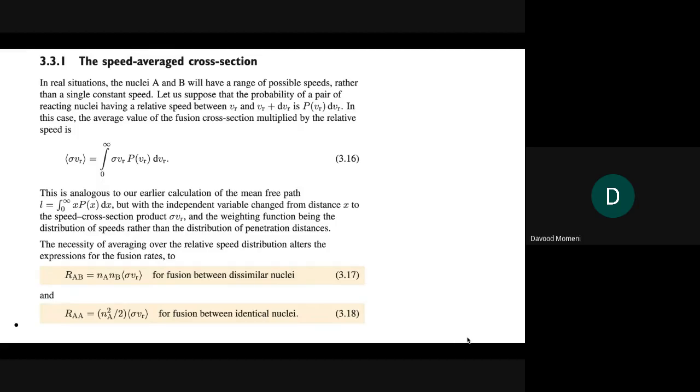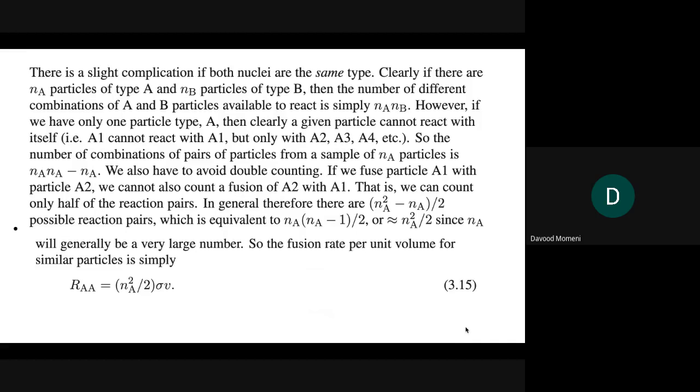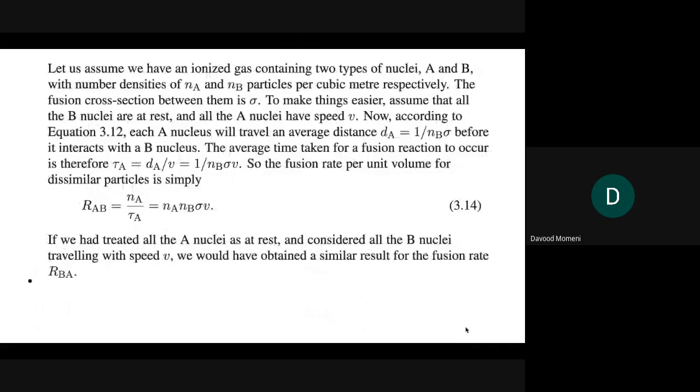It is important to show you that the fusion rate which we calculated in the last two slides actually depends on the integral 3.16. I mean, instead of the sigma v which we wrote in the previous examples, we have a distribution of velocities, so you cannot talk about a single velocity.